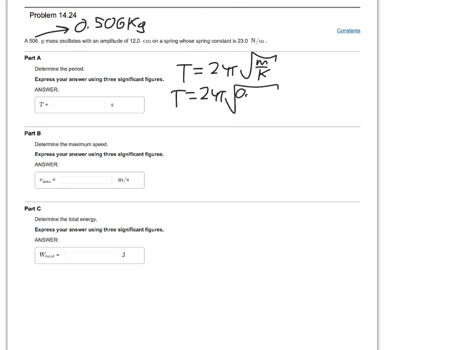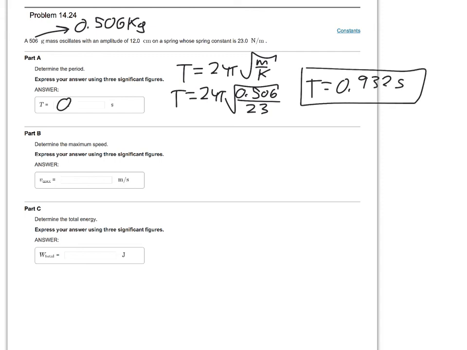So I'm going to plug in that mass in kilograms, divided by my spring constant, which is just 23, and I end up getting a period here of 0.932 seconds. Answer to 3 sig figs, it already is, so just going to be 0.932 seconds.